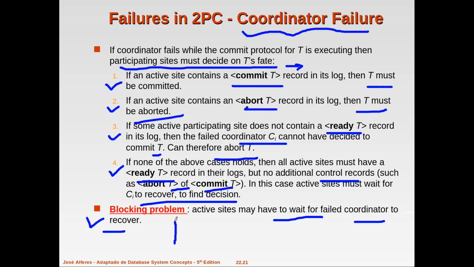That problem is called the blocking problem, which is a major problem related to the distributed transaction where the transaction coordinator site is under failure.